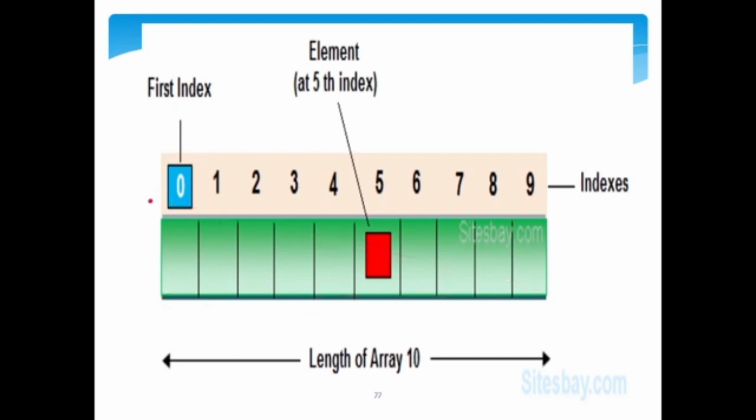The size of the array is 10, and remember the array starts from the 0th index, from 0 till 9. These are the indices and the slots, the space over each index. There is an element at the 5th index, and the length of the array is 10. So this is the general structure of your array.